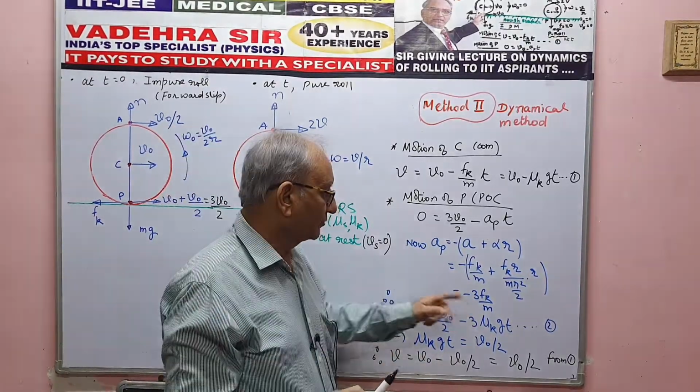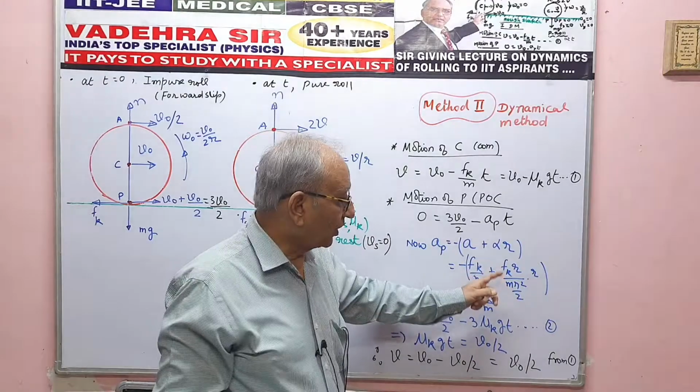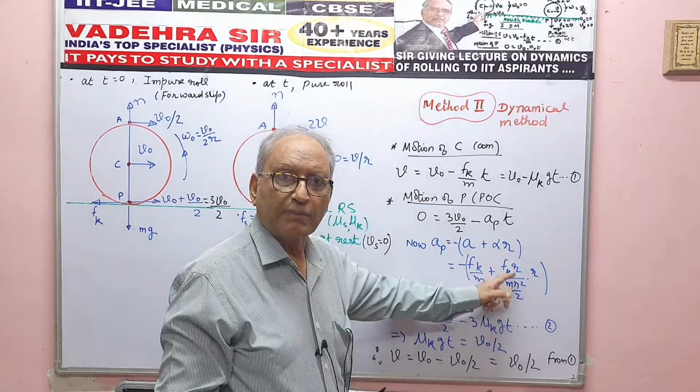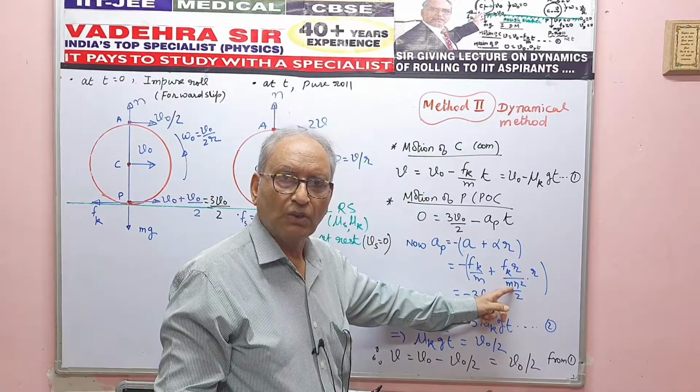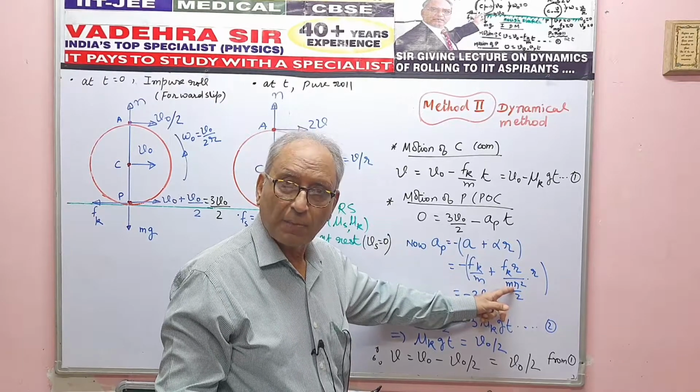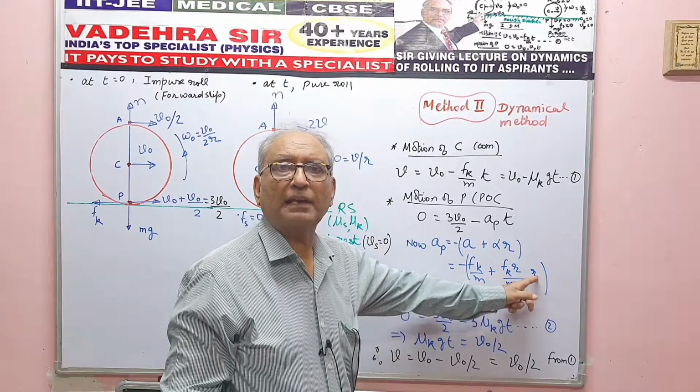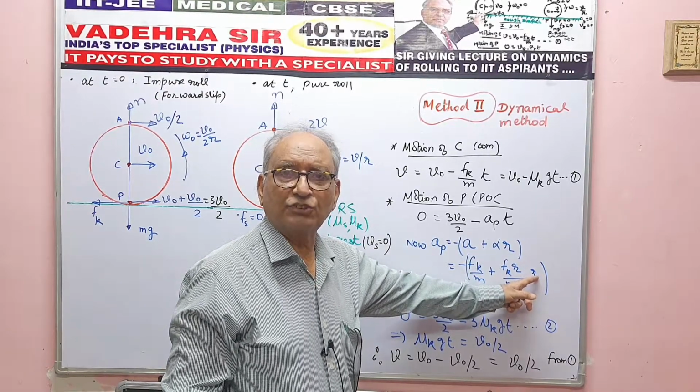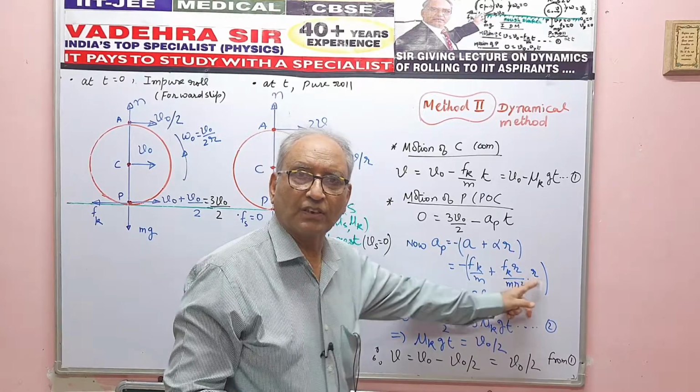So if I apply that, then torque is Fk r divided by moment of inertia m r square by 2. Well, that will give me alpha, angular acceleration, multiplied by r is the tangential acceleration due to rotation at P.